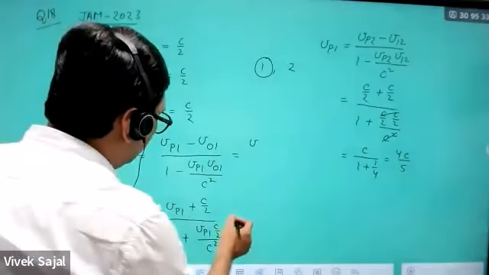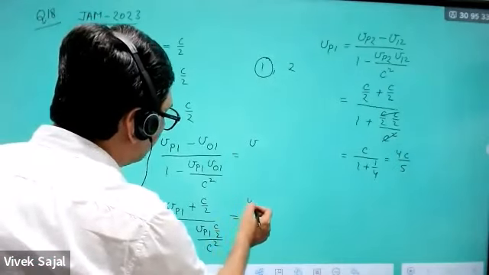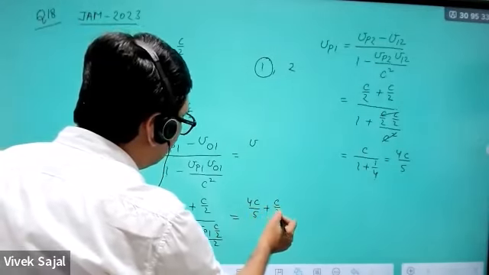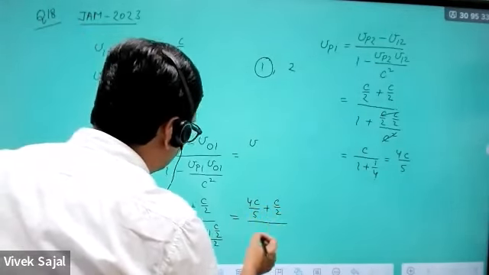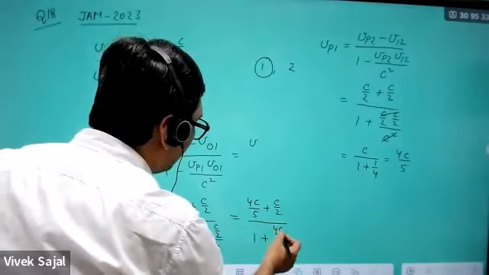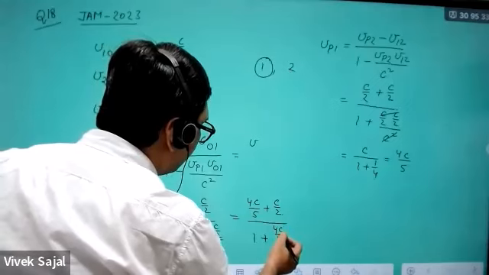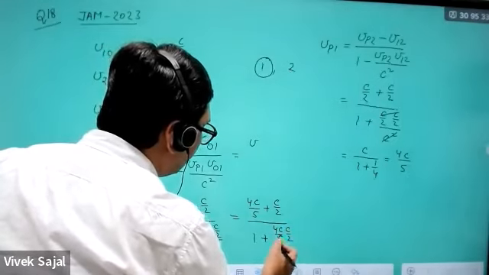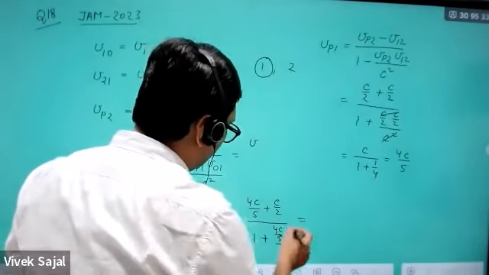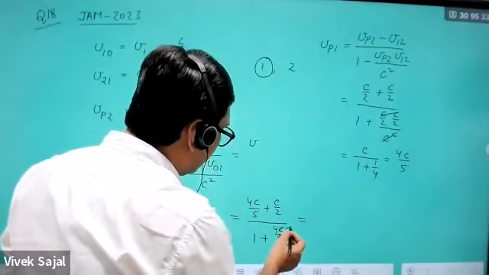So here write 4c/5 plus c/2, divided by 1 plus (4c/5)(c/2)/c squared. This c squared will cancel out.